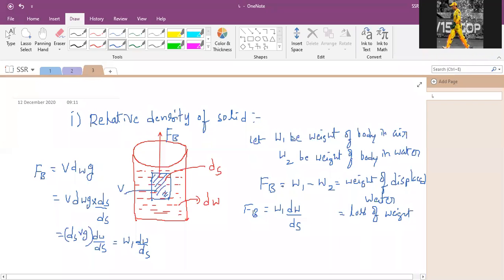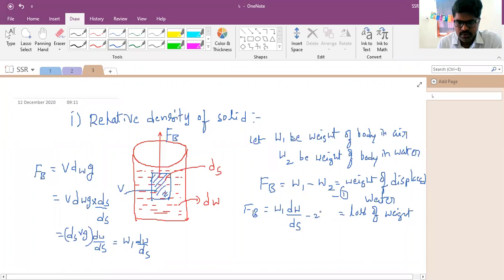Yes, sir. Then you can equate this, equation 1, with this equation 2. From 1 and 2, W1 into dW by ds is equal to W1 minus W2.